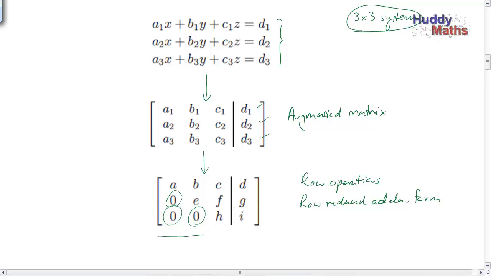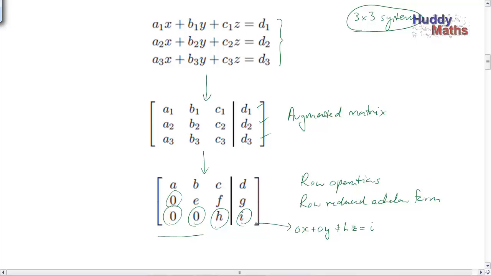Okay, and that's handy because see what we've got? We've only got the z coefficient and an answer here. So we would read this bottom line, we're going to talk about this extensively in a minute, as 0x plus 0y plus hz equals i.